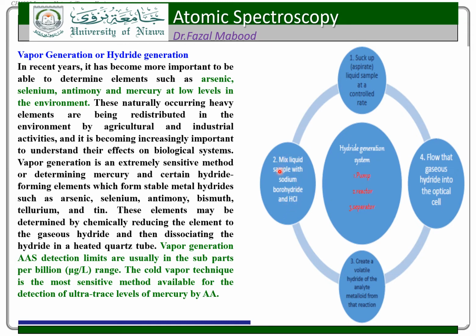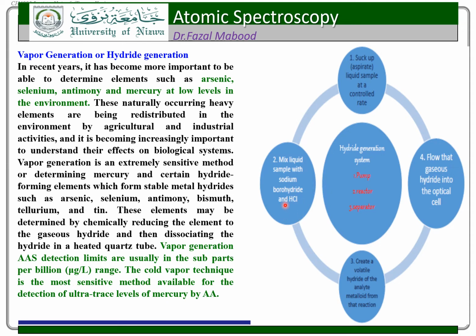In hydride generation, the sample mixes with sodium borohydride and acid, creating a volatile hydride of the analyte, and after that the gaseous hydride flows into the optical cell.